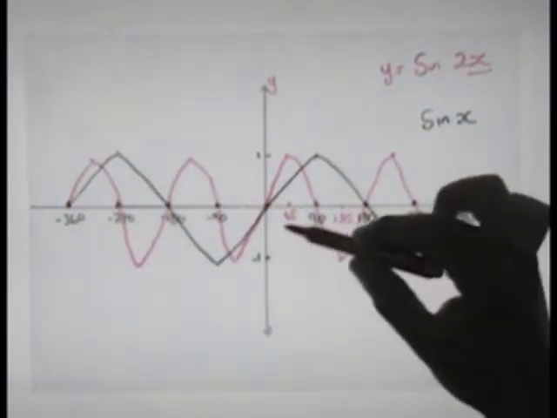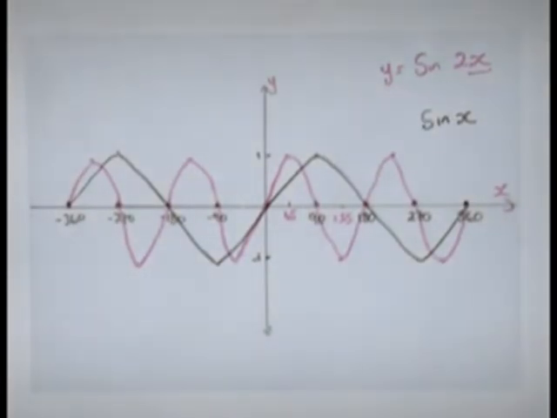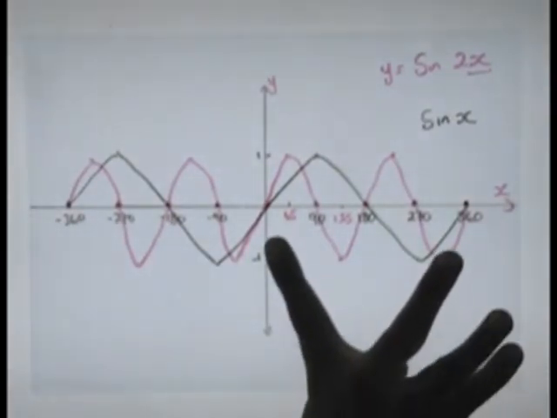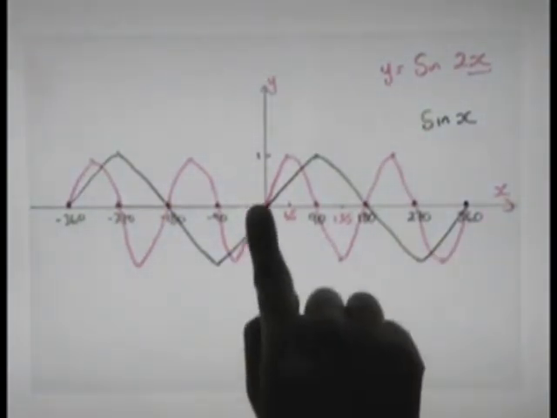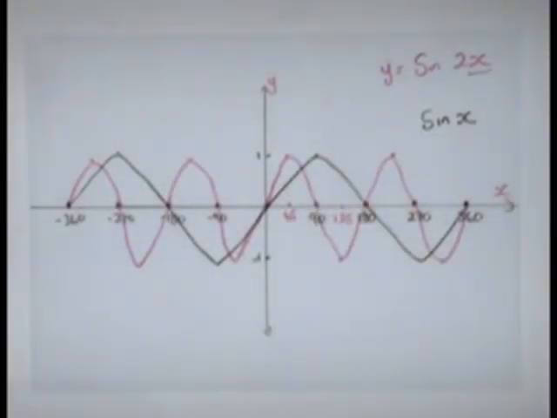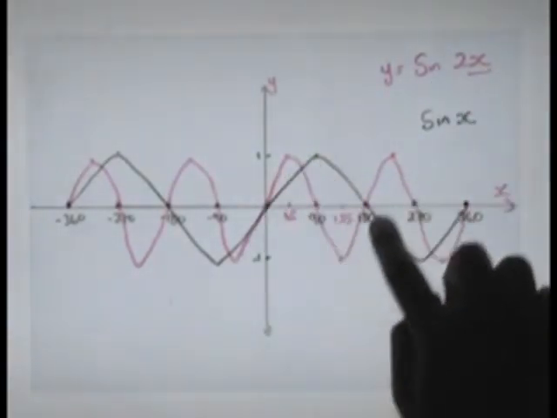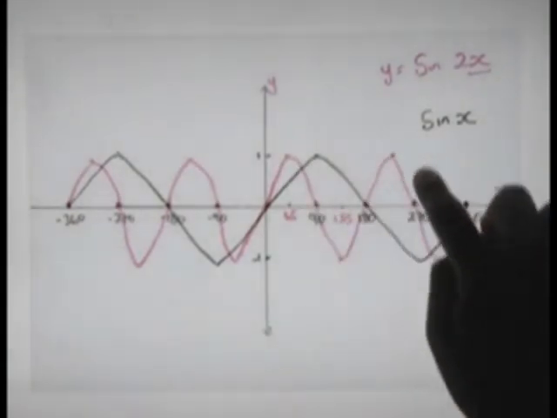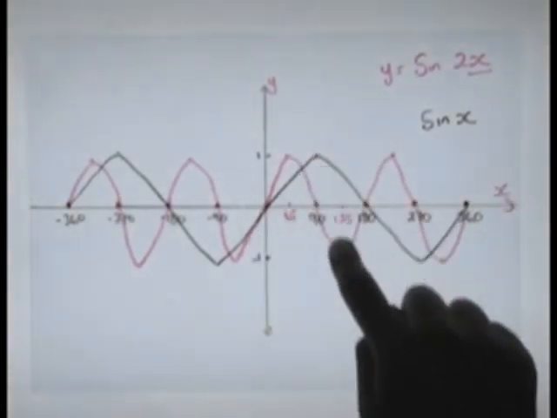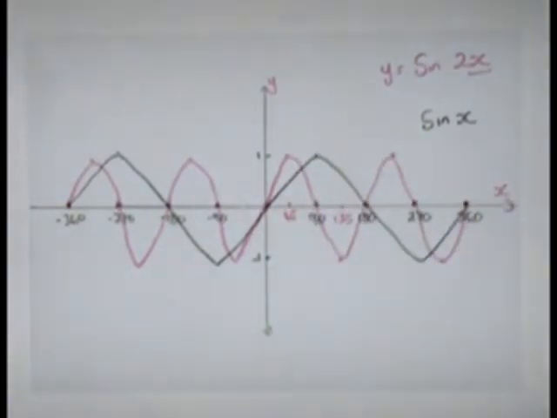Our sine graph in the positive 360 degrees is supposed to have one wave. But sine of 2x now means that there are 2 waves. First wave ending there, second wave ending there. So we've doubled the graph.